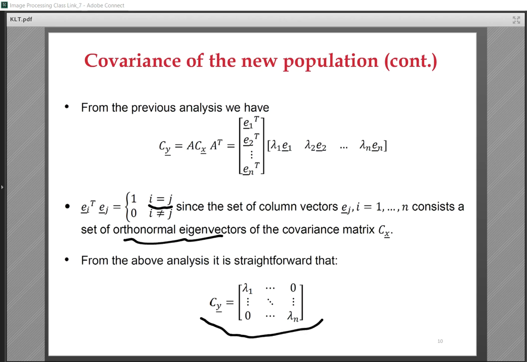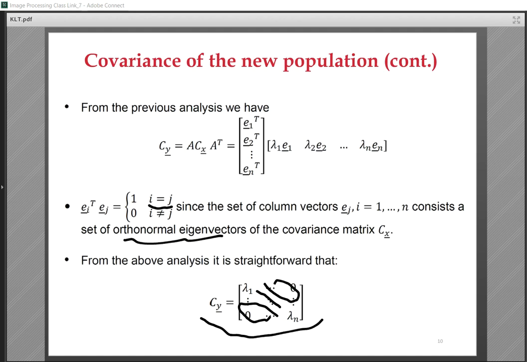And finally, from the above analysis, it's straightforward that, very important, Cy has all items 0 except on the main diagonal. All of these are zeros, but in the principal diagonal we have lambda 1, lambda 2, lambda 3, lambda 4 to lambda n.